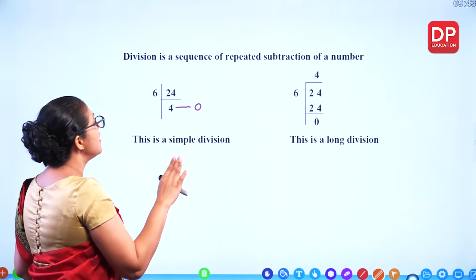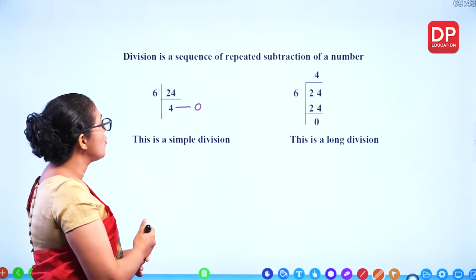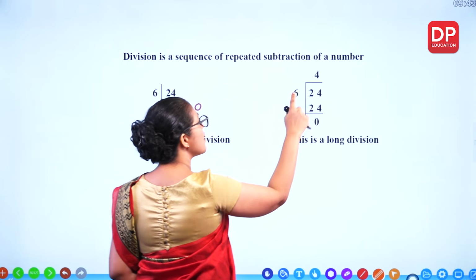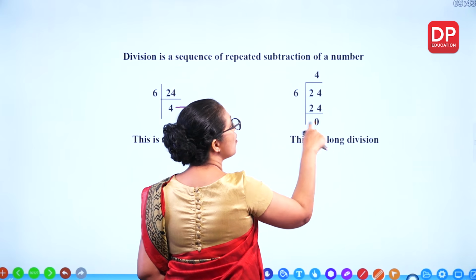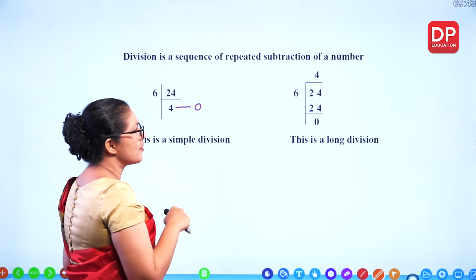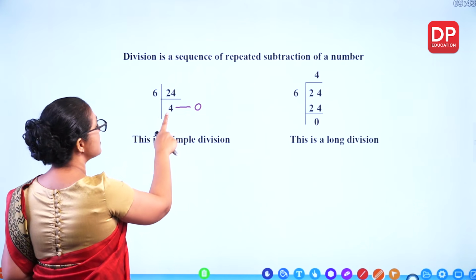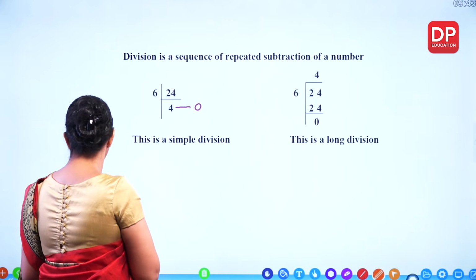So that means not remaining anything. So just 4 you are getting. This is called long division. You divide this way. So 6 times 4, 24 and the remainder we call that's 0. So the same way you can divide, either this simple division or long division.